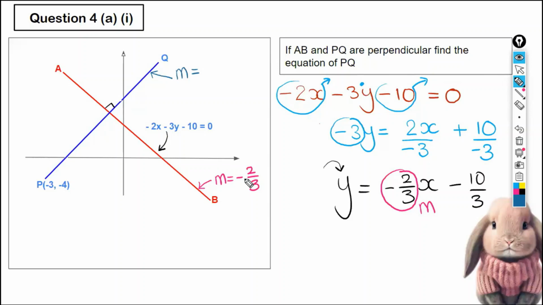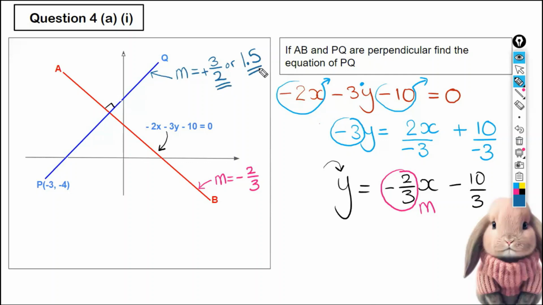There's a fancy term for that. They call it the negative reciprocal, but that just basically means flip and change the sign. So if we have 2 on 3, we will get 3 on 2, and the negative will change to positive. We all know 3 on 2 is 1.5. Obviously, any one here is correct.